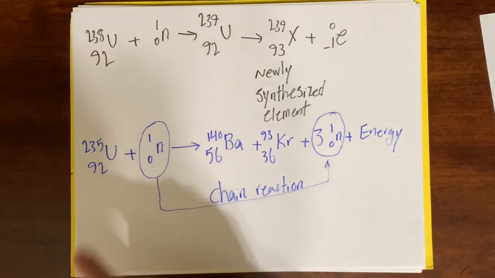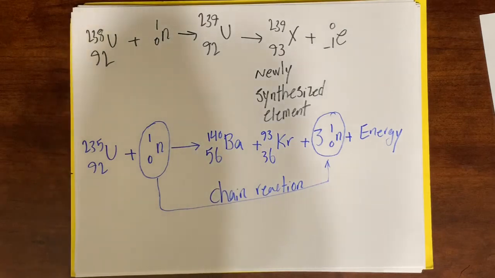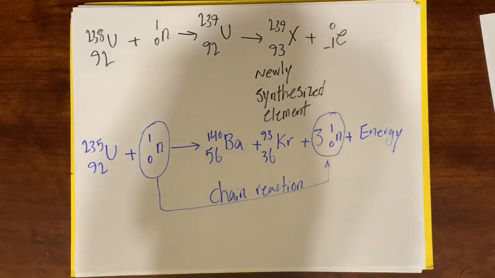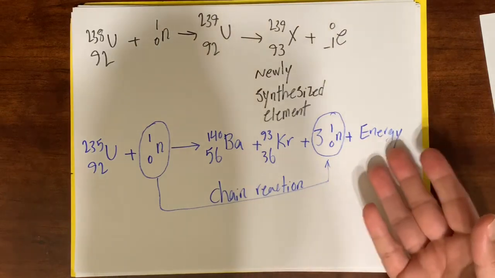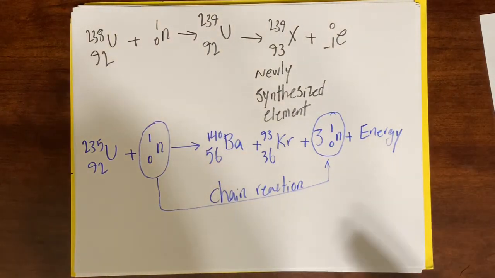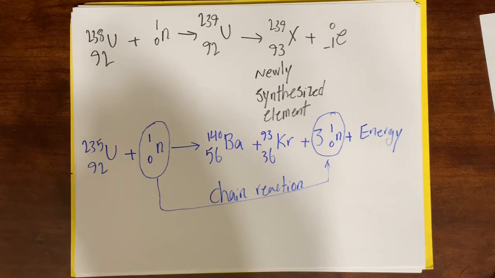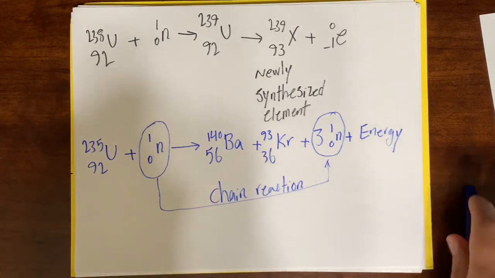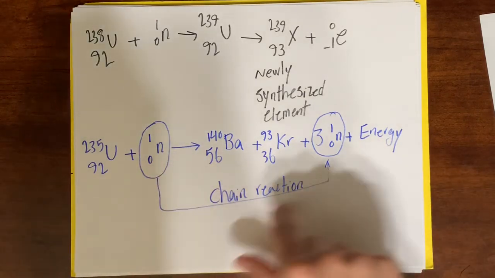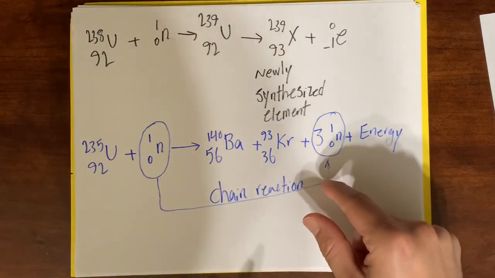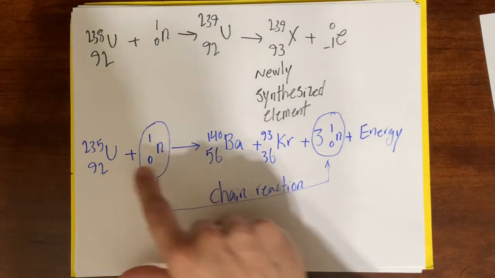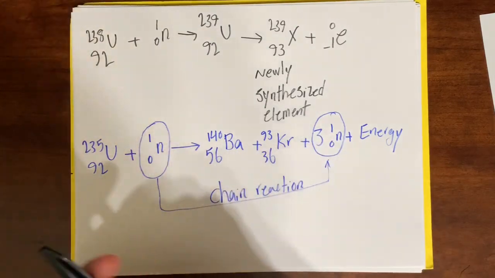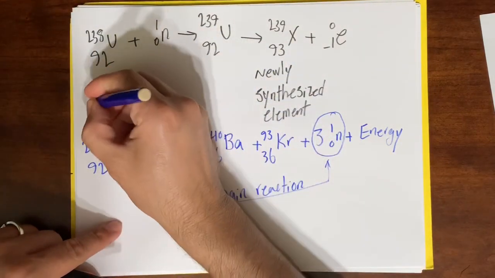If you have enough mass of uranium, you treat it with a neutron, and it's going to give you a huge amount of energy, and that energy can destroy anything. So this type of reaction, we call chain reaction. But what we did here, we broke down the uranium to different species, so I can call it nuclear fission.